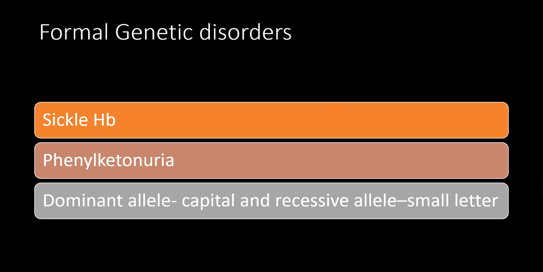Oxygen is coming in, but the carbon dioxide is not going out, because as soon as the RBCs release oxygen, they get into the shape of a sickle. Those sickle RBCs are not good. They can form emboli, they can go to any part of the body and cause a problem. Okay, so that is sickle cell hemoglobin.